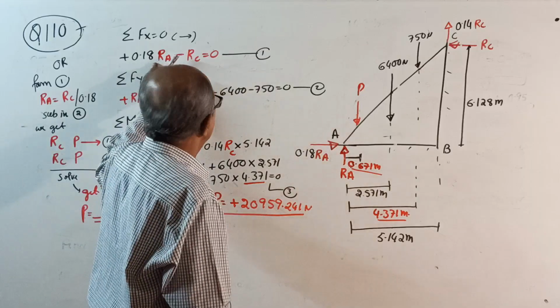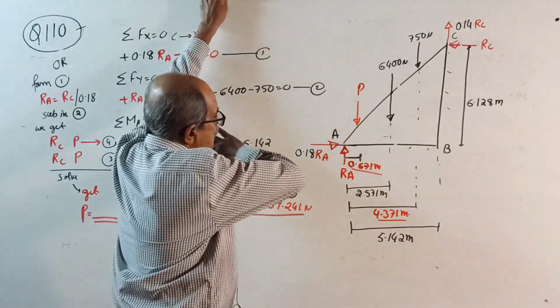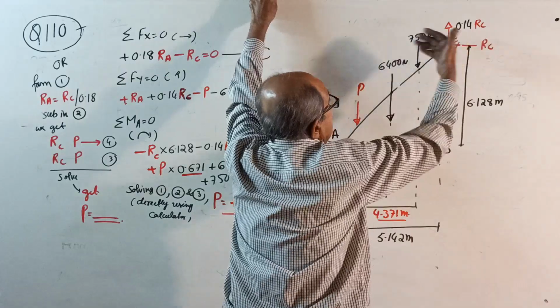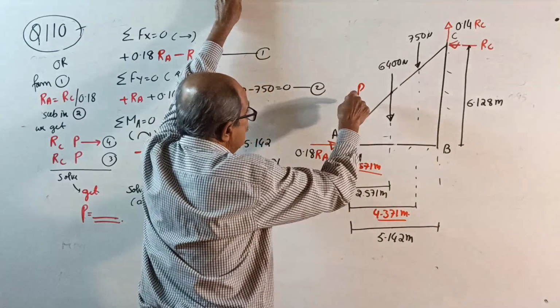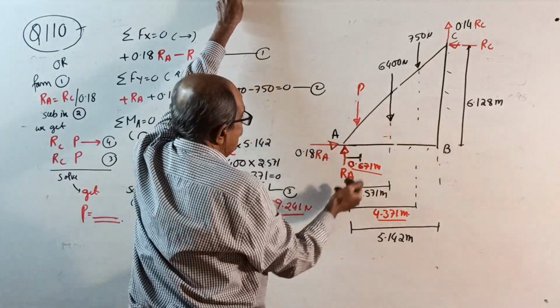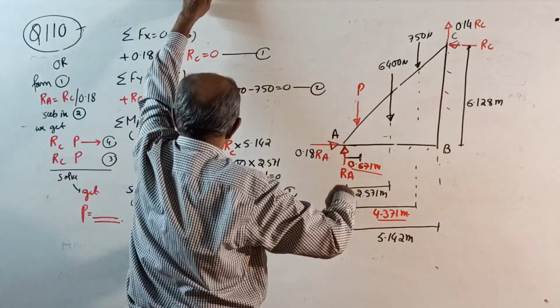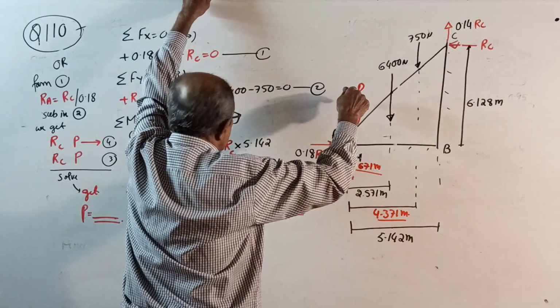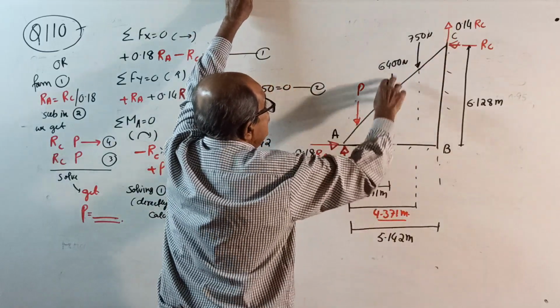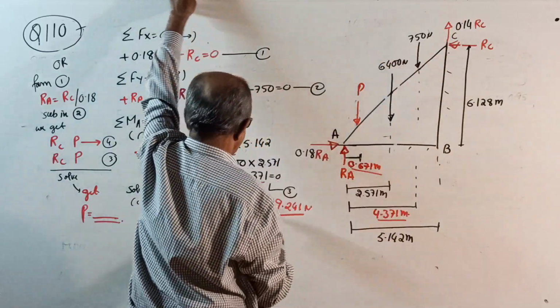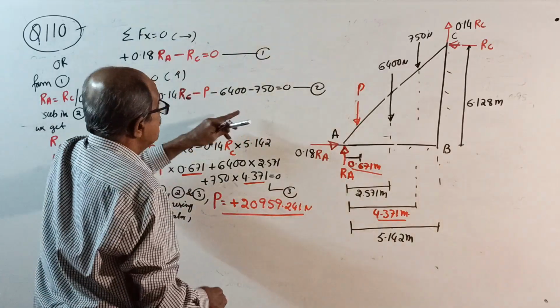Sigma Fx equals 0, first of all, exercise question: plus 0.18 RA minus RC equals 0, equation 1. Sigma Fy equals 0, start from the unknown: plus RA minus P plus 0.14 RC minus these two forces equals 0, equation 2.